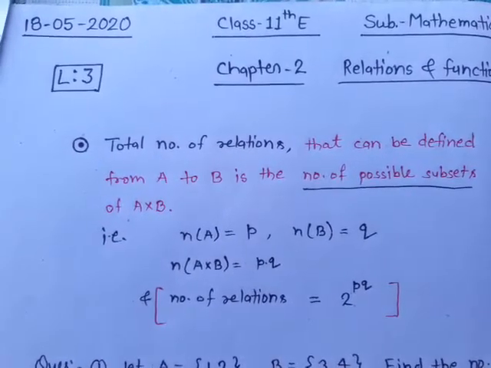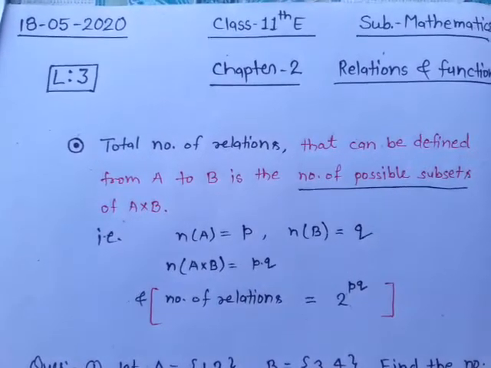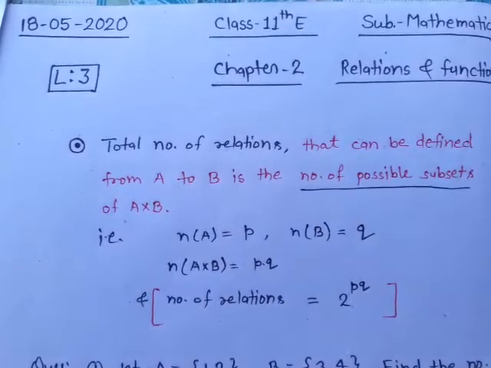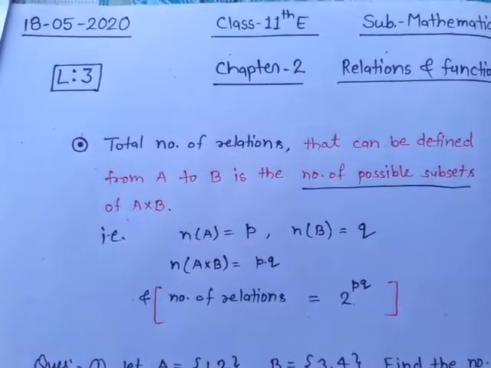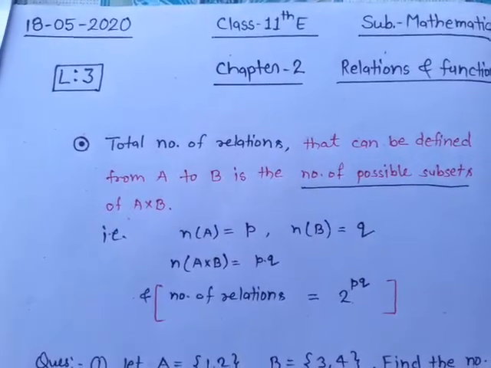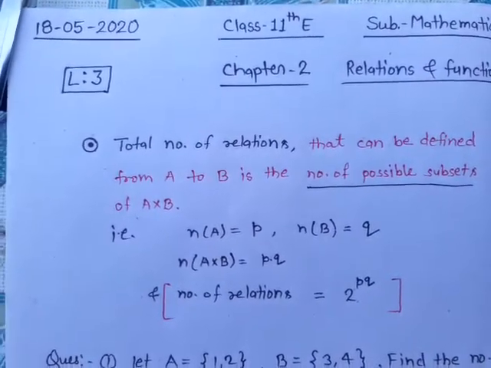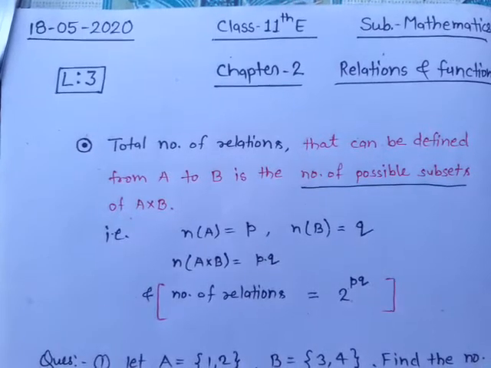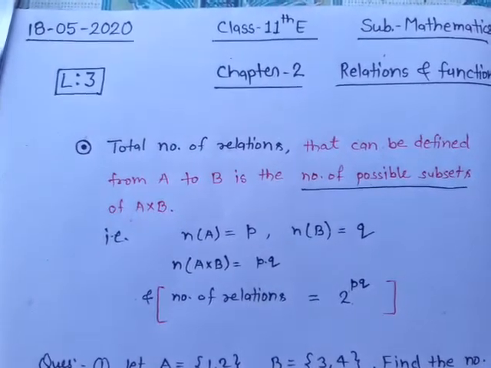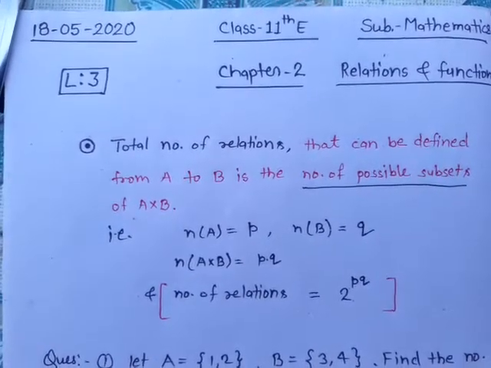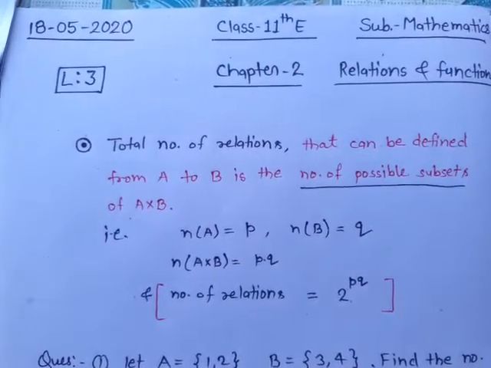The set containing all the first elements of the ordered pairs belonging to R is said to be the domain. And what is the range? The set containing all the second elements of the ordered pairs belonging to R is said to be the range. And what is the codomain? The whole set B is said to be the codomain.